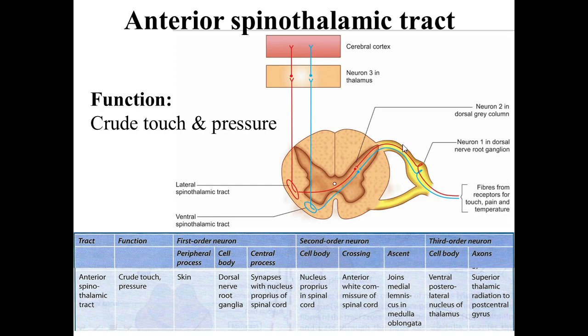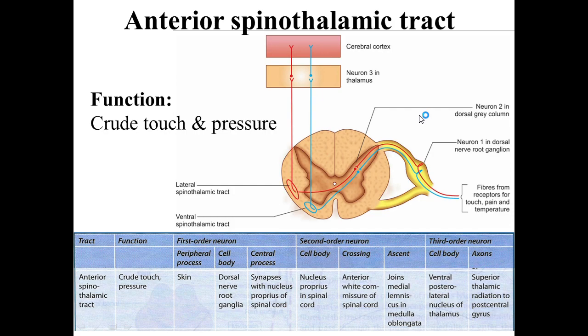So anterior spinothalamic tract conveys crude touch and pressure sensation. So there are 3 neurons, and these tracts from the thalamus go to the cerebral cortex.